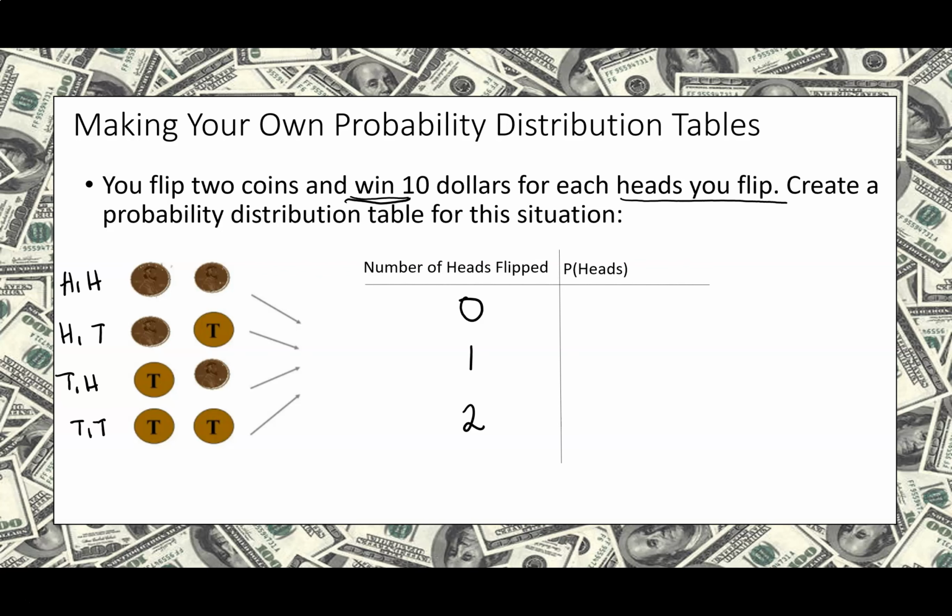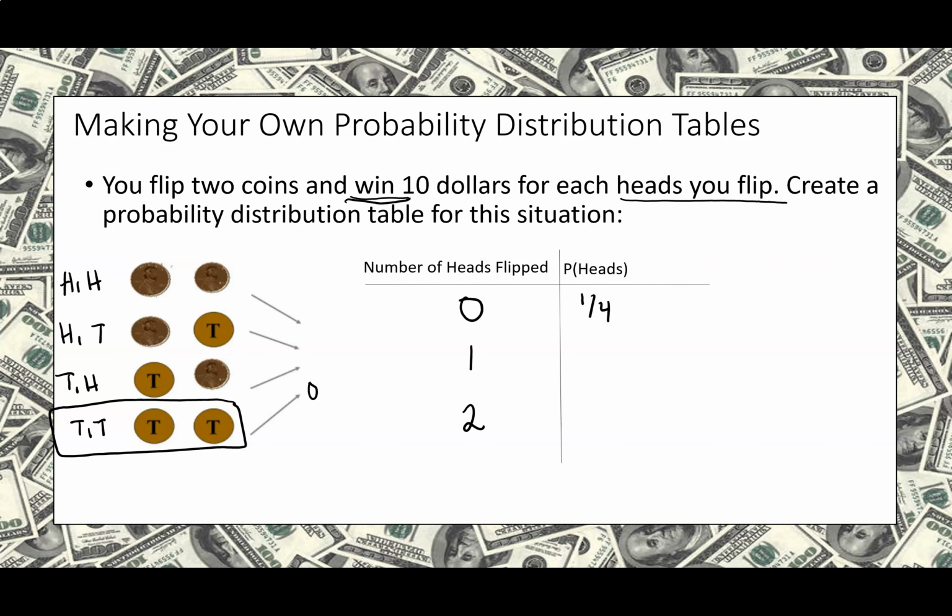Okay, so how many times would we get 0 heads? What's the probability of that? Well, there's 4 situations here. And how many times do we get 0? Well, this would be that case. That's a 0 case. So that would be 1 case out of 4. And then how many times do we get 1 heads?